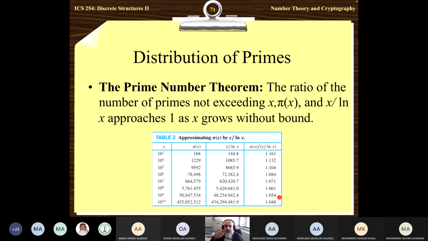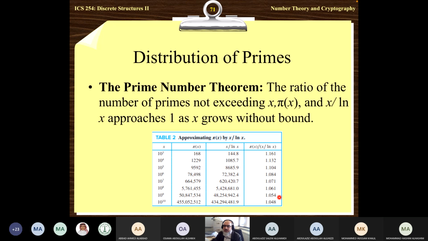So the more the number grows, the number of prime numbers less than that number becomes very close to x over ln x. This is what the prime number theorem says.